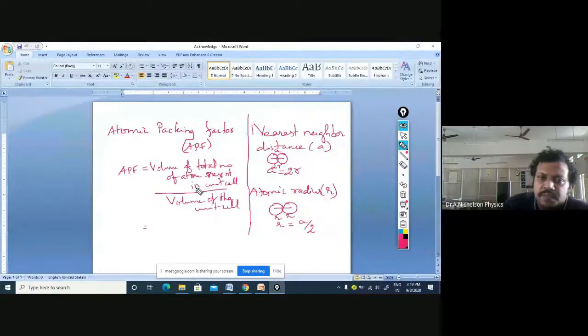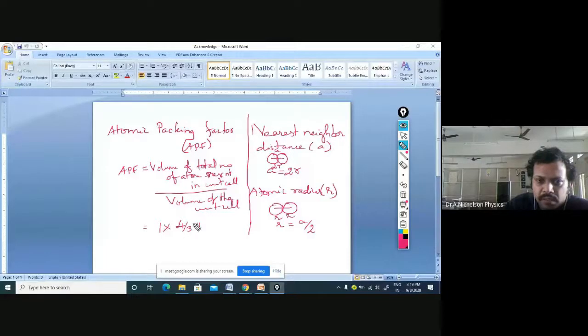How many atoms are present? That is the total number of atoms. Only one atom. So 1 into the volume of the atom, which is 4 by 3 pi r cube.